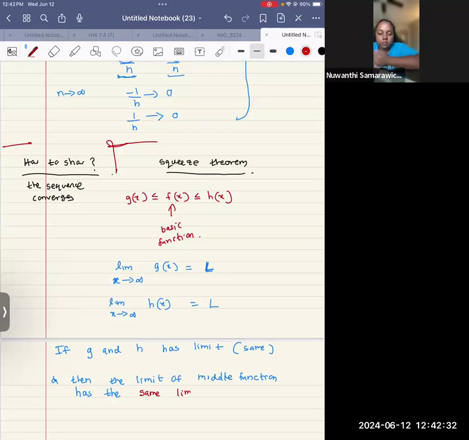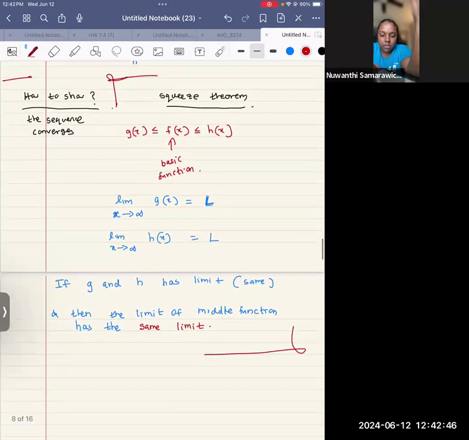What is the idea? This is the basic function you have, and there are two functions: the basic function is greater than g and less than h. If you show the limit of g and the limit of h are the same value L, then we can say the limit of the middle function f has the same limit.